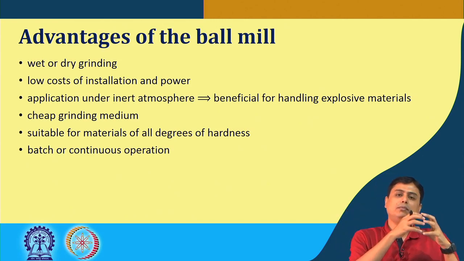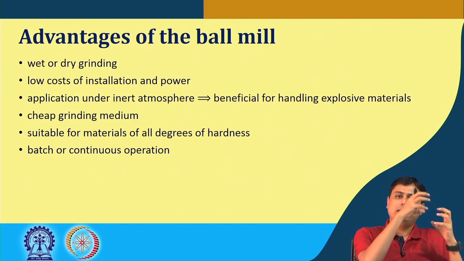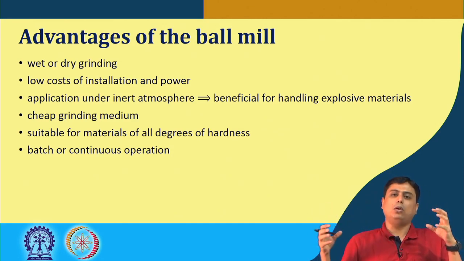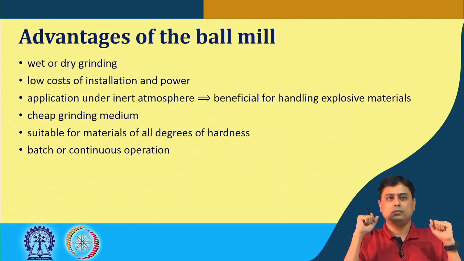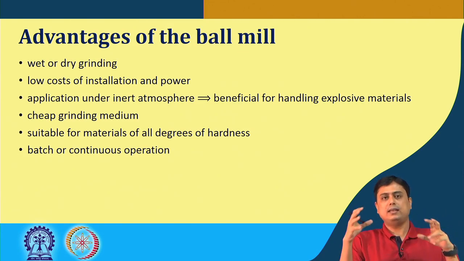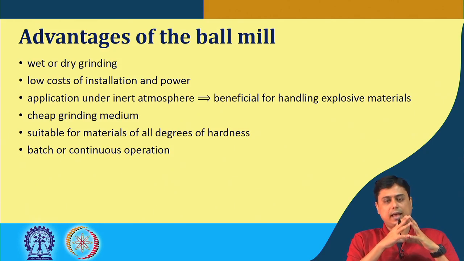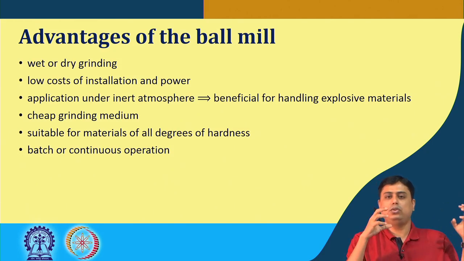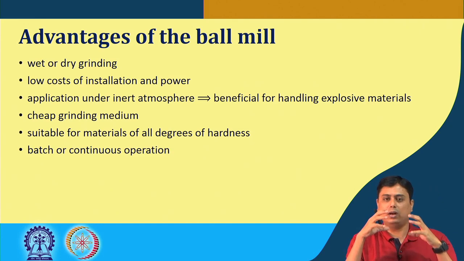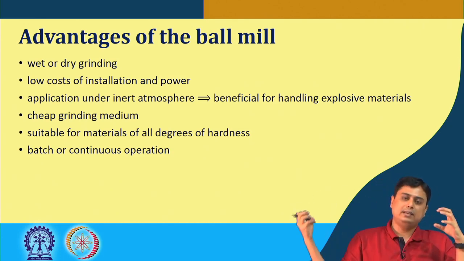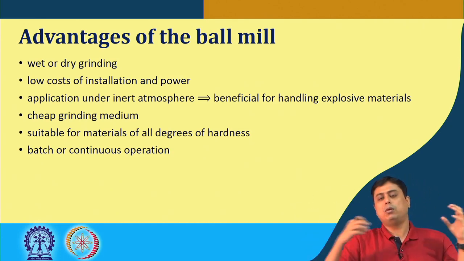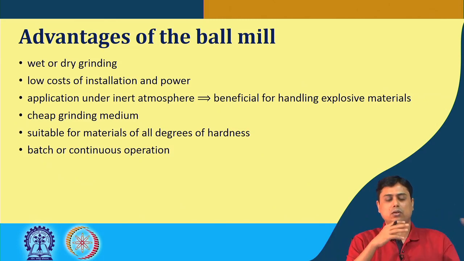That is why one of the parameters is there: there are different sizes of the balls. It can be operated in batch as well as in continuous operation. It has the flexibility that you have the whole material charged once at a time and take the discharge out, or it can be operated in a continuous scenario, preferably like that happens in the wet grinding scenario.